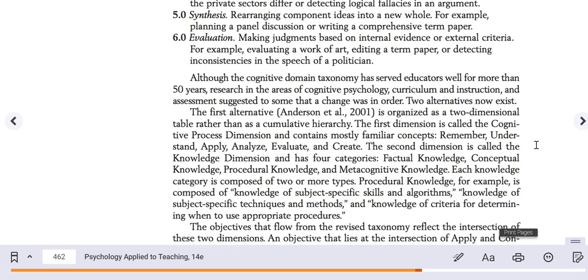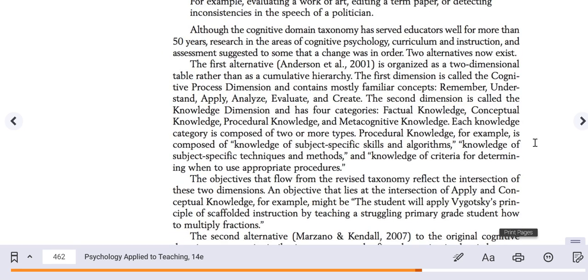Although the cognitive domain taxonomy has served educators well for more than 50 years, research in the areas of cognitive psychology, curriculum and instruction, and assessment suggested to some that a change was in order. 2 alternatives now exist. The first alternative is organized as a 2-dimensional table rather than as a cumulative hierarchy.